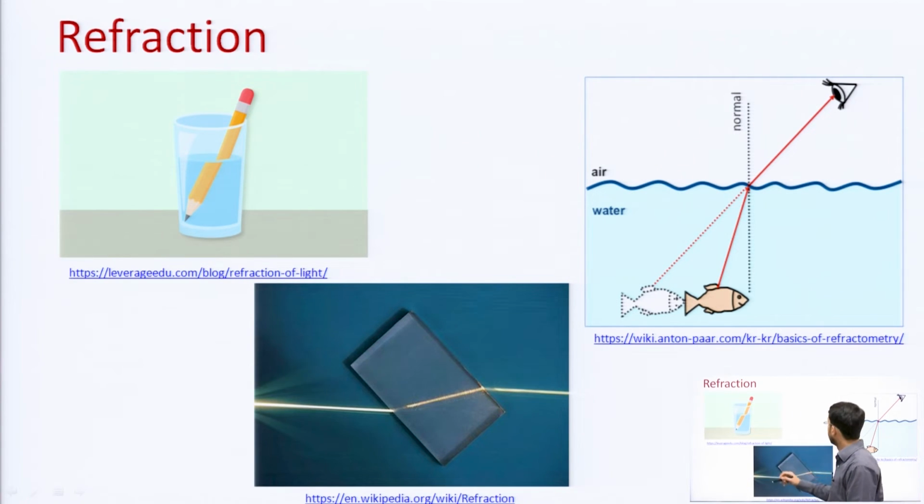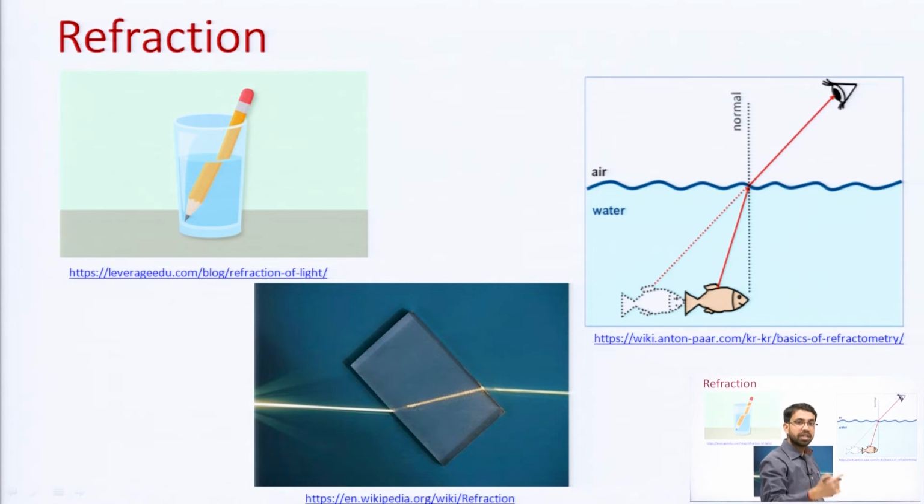Another example over here: there is a fish in water, this is air, this is water, and there is a viewer. The light ray that is reflected from the fish will refract at this surface and bend away from the normal.